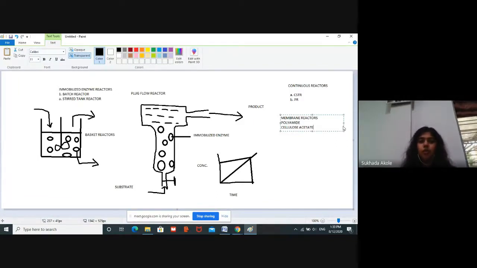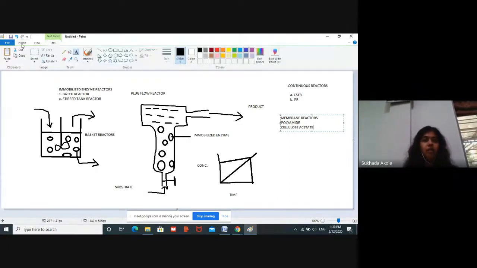If I have to draw a membrane reactor, how will I draw it? It is pretty simple. Of course, there has to be stirring that will take place. Please forgive my drawing because I am drawing using a mouse.